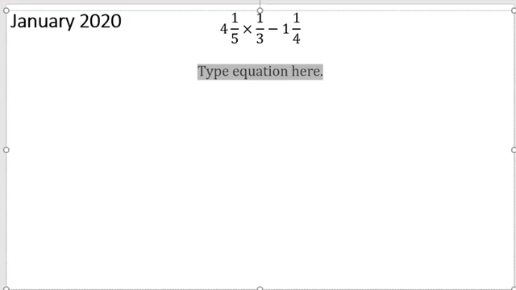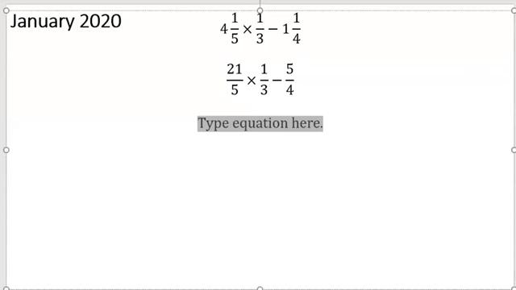So we're changing our fractions to improper fractions. It is 5 4s are 20, plus 1, 21 over 5, multiplied by 1 over 3, and that is minus 4 1s are 4 plus 1, 5 over 4.